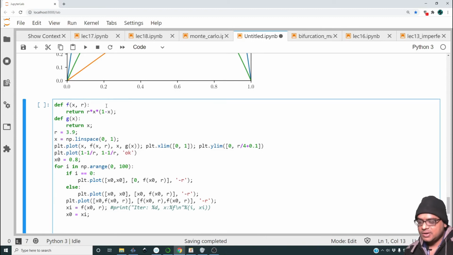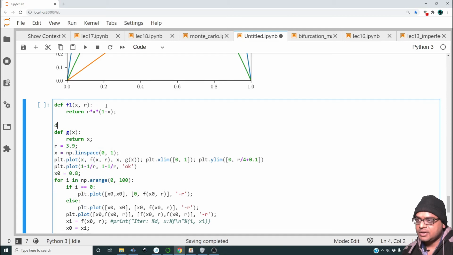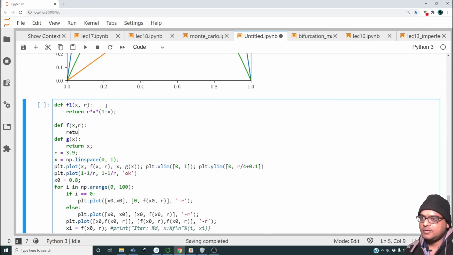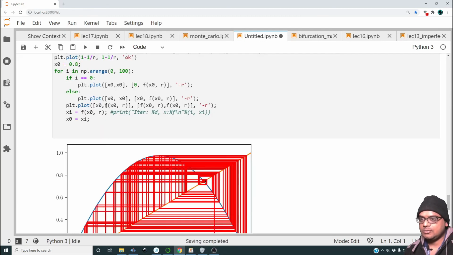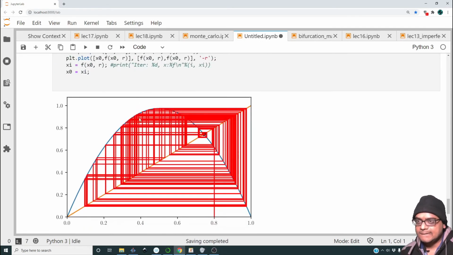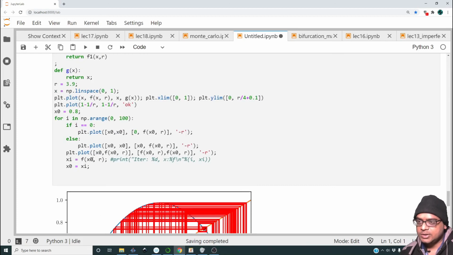So let me define this as f1 and let me define f of x comma r, and we will return f1 of f1 of x comma r. So it's like calling that function within this function. So let me plot this.